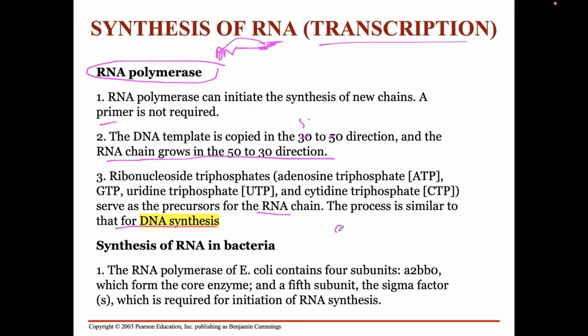Meron tayong tinatawag na core enzyme. Core enzyme. Meron tayong pumapaloob dyan na dalawang alpha. Tama ba? Alpha units. Meron tayong beta, dalawang alpha, dalawang beta, and then meron tayong tinatawag na omega unit.